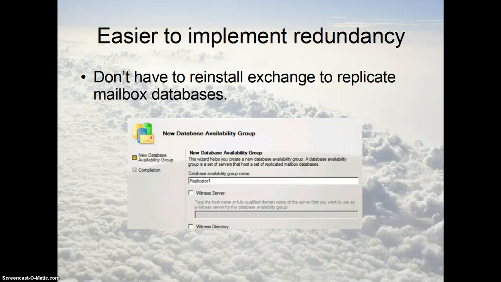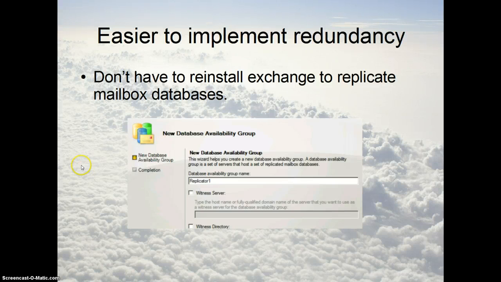This is more of a back-end thing, but I thought it was really neat. Previously, when you wanted to replicate mailbox databases in Exchange and you had an Exchange server that you'd already done the install on, you had to uninstall Exchange and then reinstall it, selecting it as a replicated mailbox database server. Now with Exchange 2010, you don't have to reinstall Exchange.